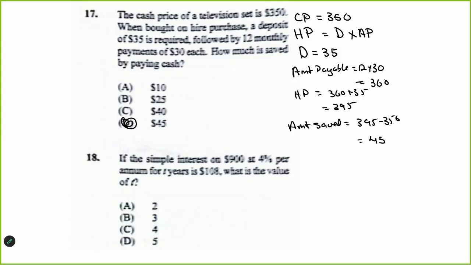If simple interest on $900 at 4% per annum for T years is 108, what is the value of T? Now we know simple interest is principal by rate by time all over 100.